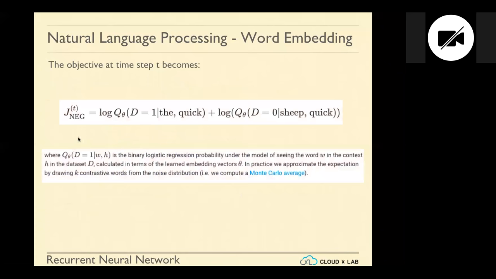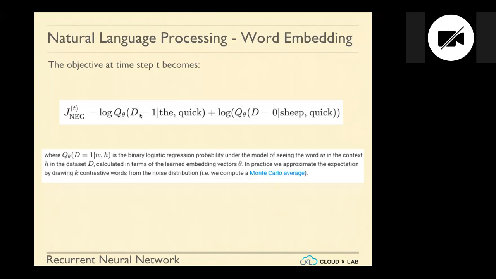All we are saying is this is our loss function. We are summing up the probabilities of quick in the context of the, as well as quick in the context of sheep, right?